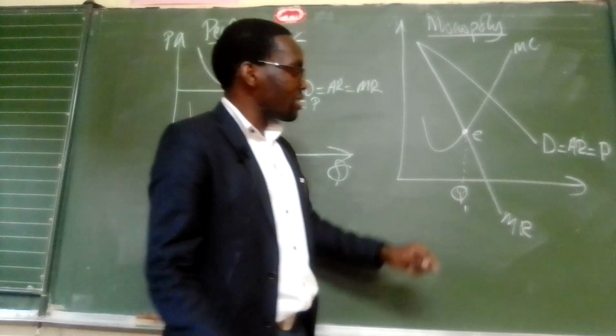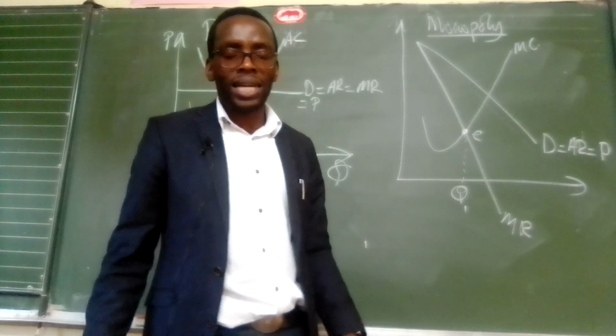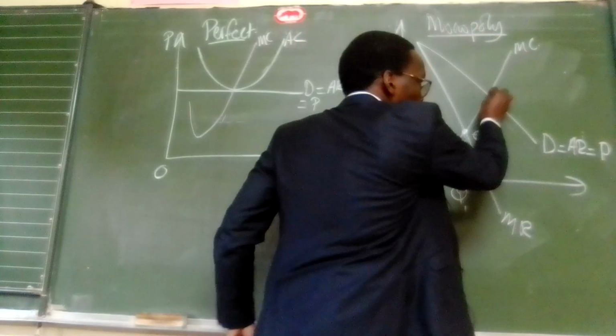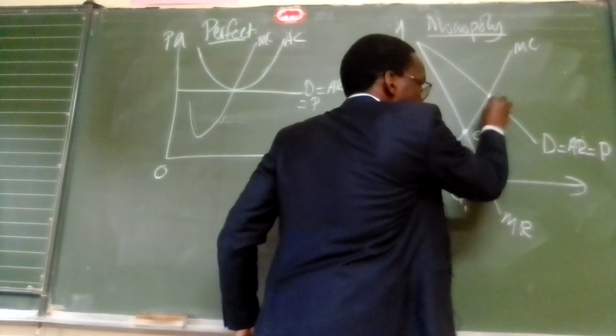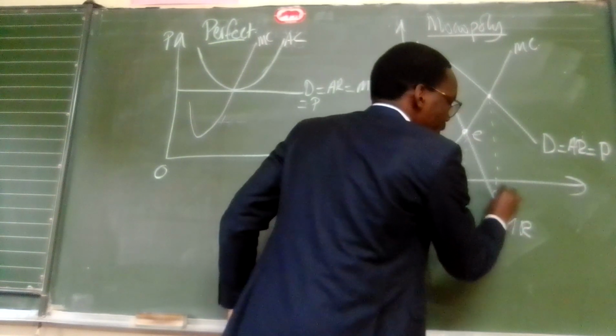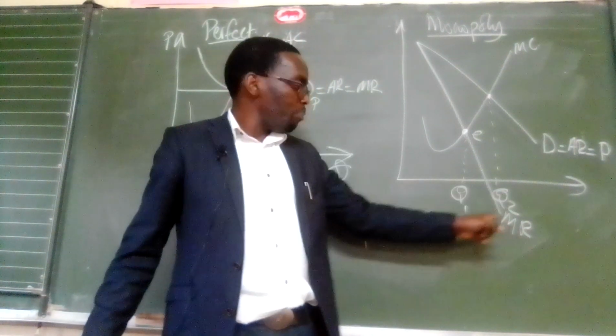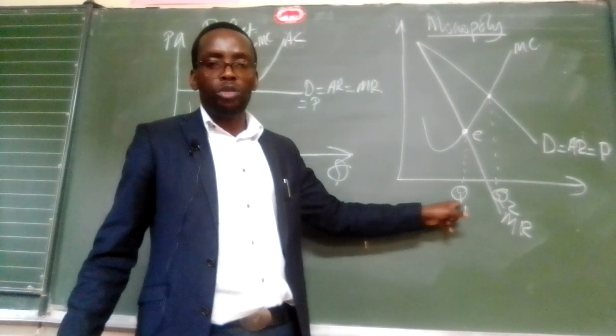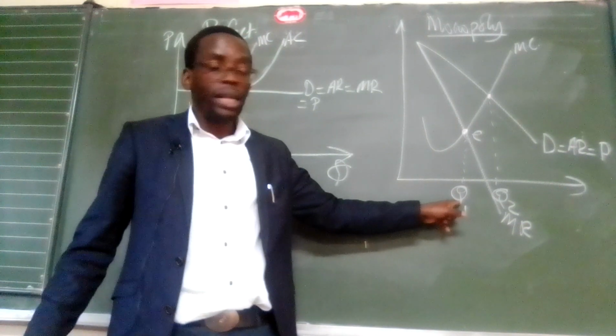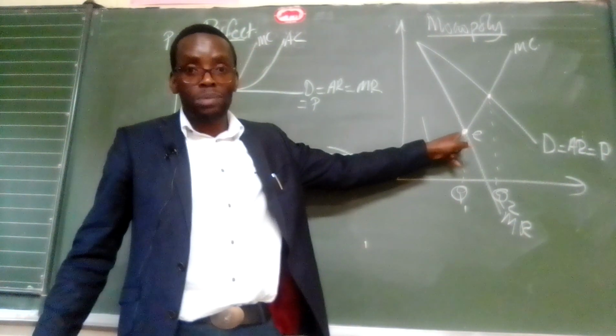Okay, now let's look at the quantity that they are willing to buy. They would need, at this point here, Q2. Okay, the society needs Q2, but the monopoly firm is going to produce Q1 because they are targeting profit maximization.